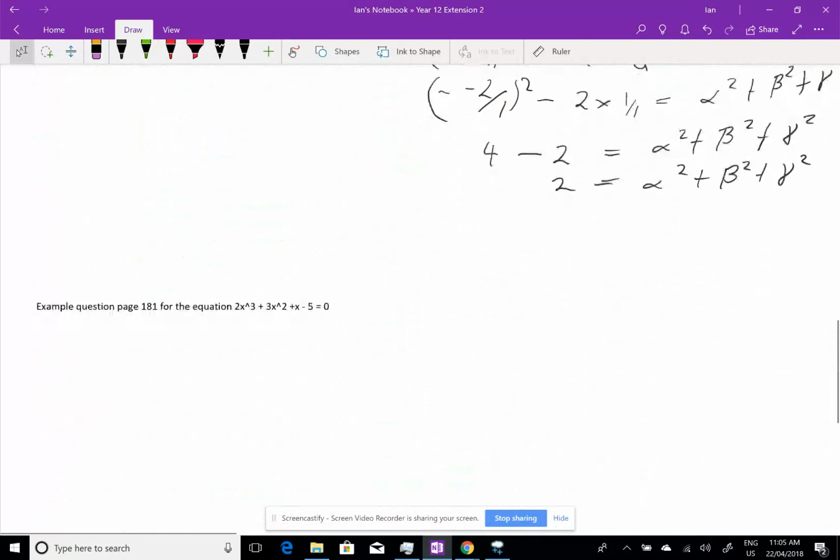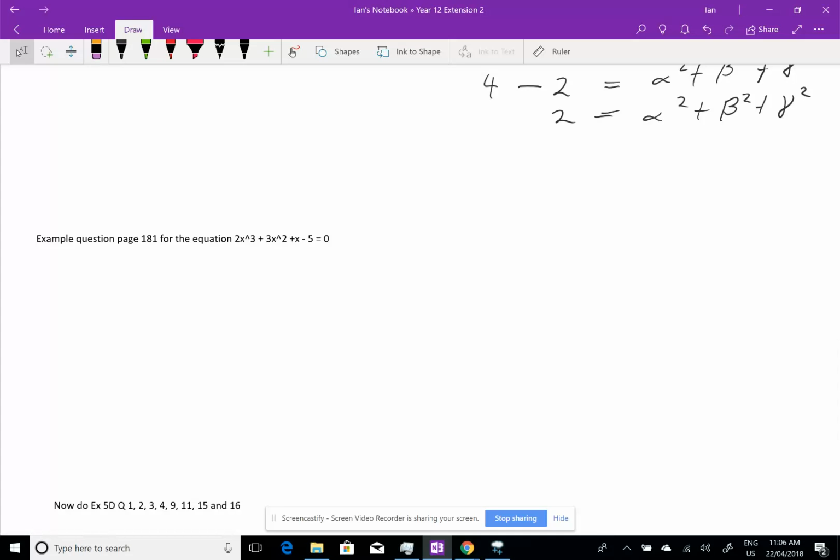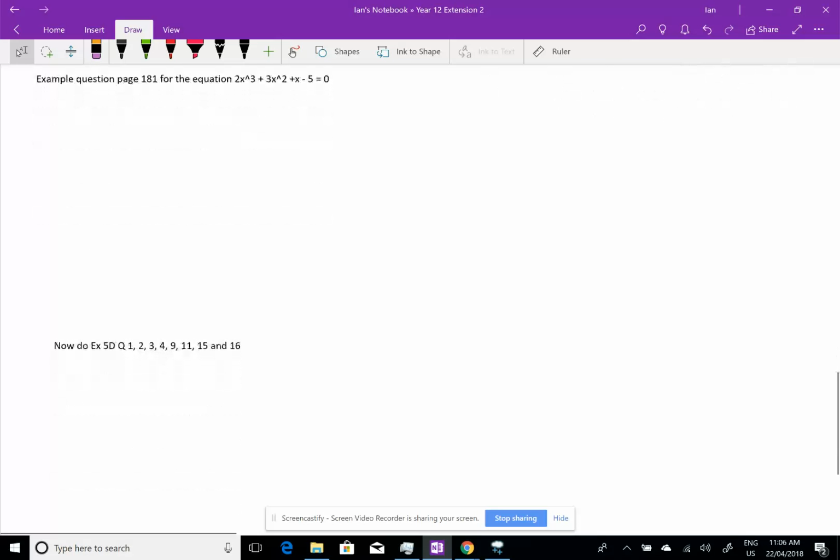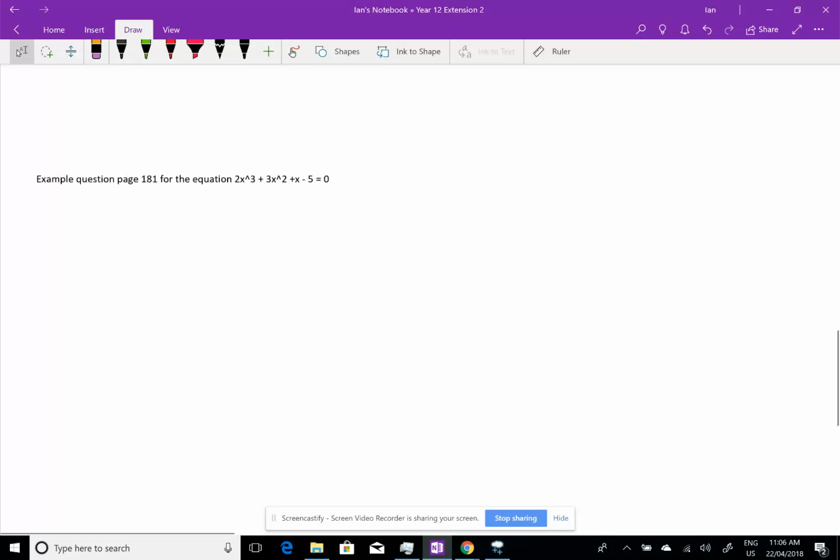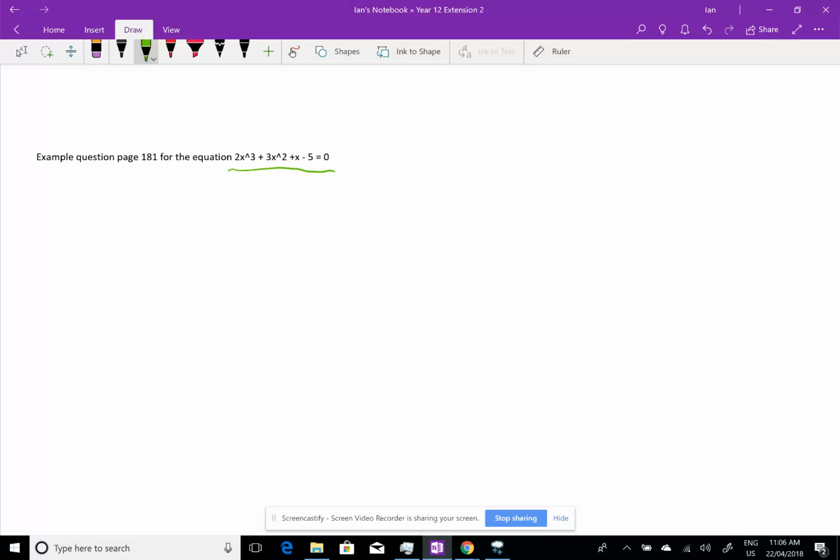So here we go. The easiest way is to do this by the example question on page 181. And let's have a look. So the first one, I'll just move this. The first one says, for this equation, the roots are alpha, beta, and gamma.